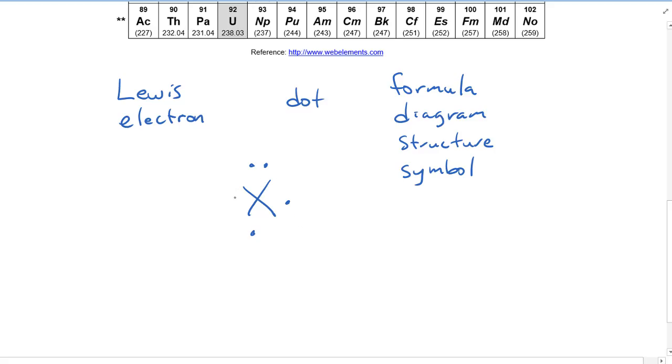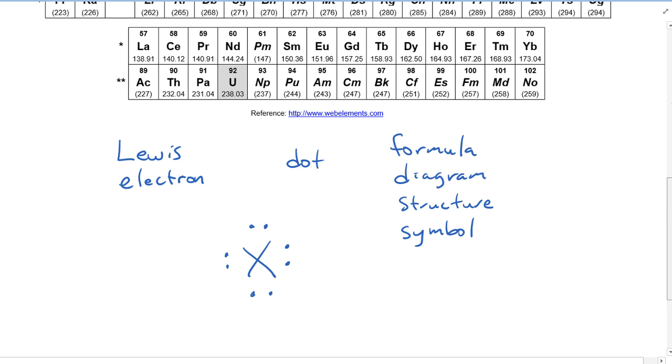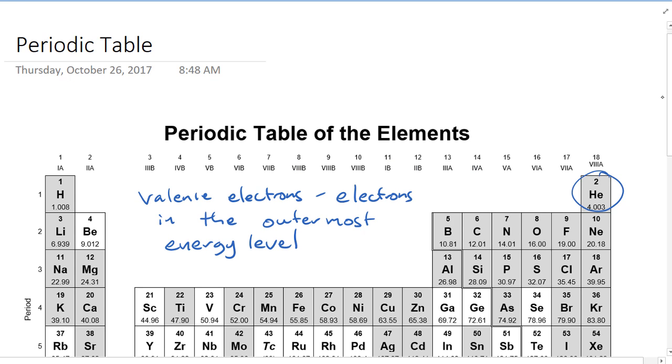But when we write out the Lewis symbol, the convention is we place one dot on each side before we begin doubling them up. So if we come back to the periodic table, all of these here have one valence electron. That one valence electron would write a Lewis symbol with one dot.